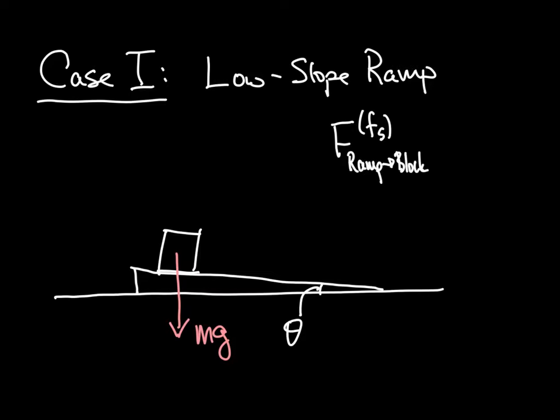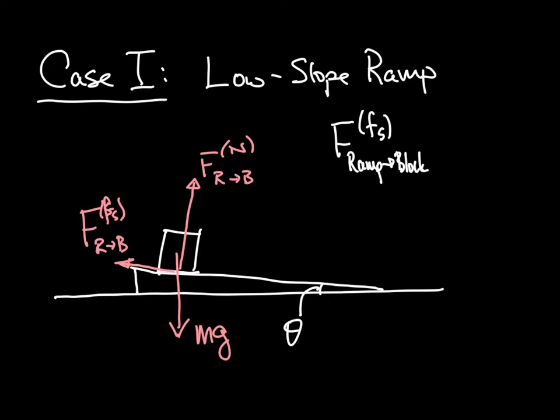We're going to have the normal force, and this will be of the ramp on the block. And we're also going to have a static frictional force that the ramp is exerting on the block.